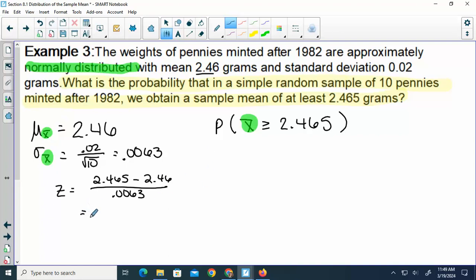So I get a z of 0.79. So we need to find the probability that z is greater than 0.79. How do we do greater than from our table?